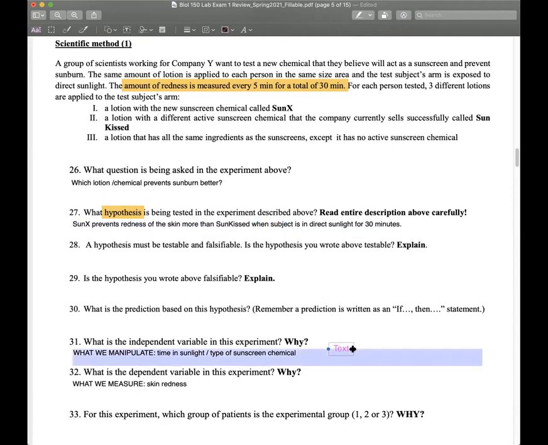Right. So when you put it into a sentence and you say the skin redness depends on the type of sunscreen, then you know that the skin redness is your dependent variable and the type of sunscreen is your independent variable. Okay, great. Thank you for that tip. And Jenna, thank you too. Awesome. Thank you for sharing that, Diana. And yeah, I agree that can be a quick way to double check your answer and make sure it makes sense: that what you're measuring is dependent upon what you have manipulated or changed in your experiment.